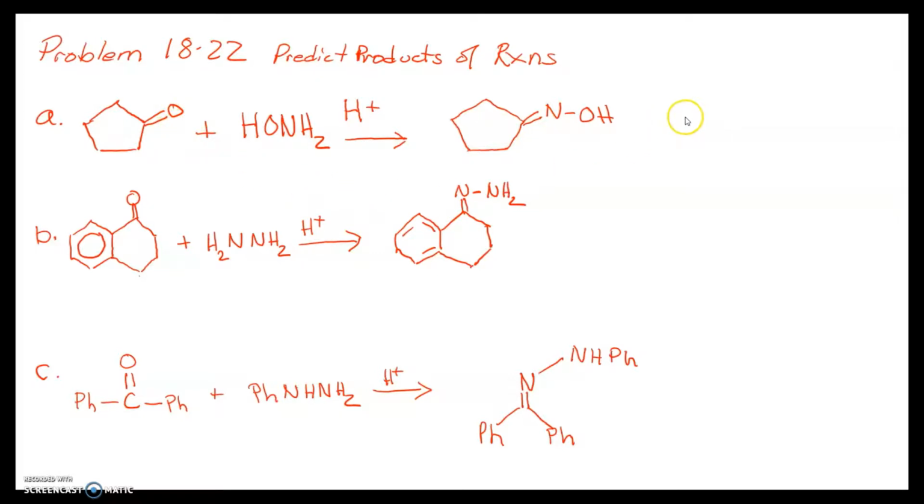The other product that is not shown for any of them is water. So these are different examples of reactions of aldehydes and ketones with nitrogen containing compounds. And remember, these are pH sensitive, and you need to be sure that the pH is around 4.5.